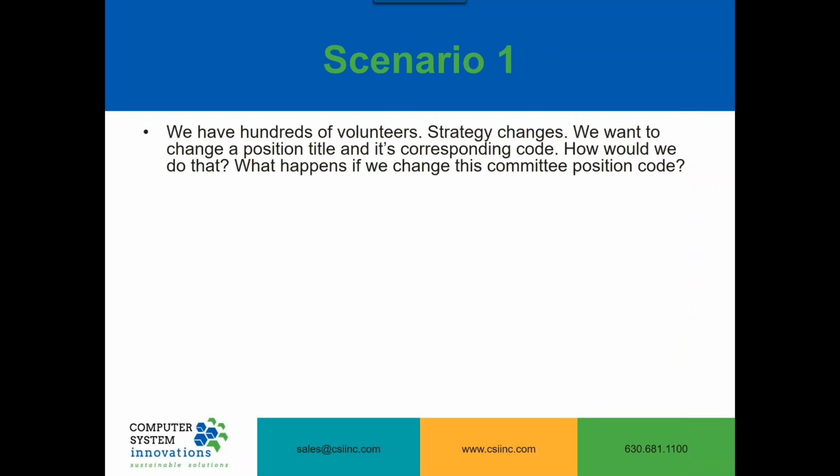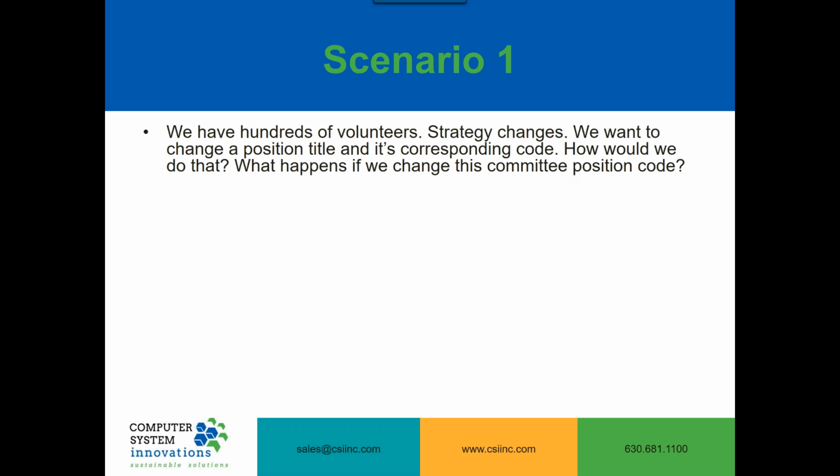Her first scenario is she's at her organization, they have hundreds of volunteers, and these volunteers are very good at picking new strategies. They like to suddenly change committee positions and titles and their corresponding codes. And if you've been using iMIS for a while, you've got some reports that use that. You might have a stored procedure or two.